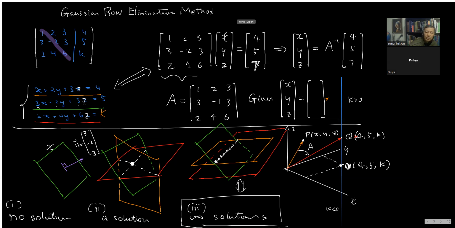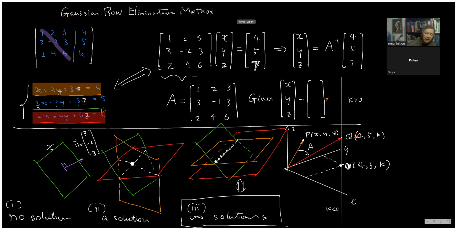If you pay attention to the first plane here, and the last one, what is the similarity between these two? Can you compare in terms of their directional vector? They are the same.